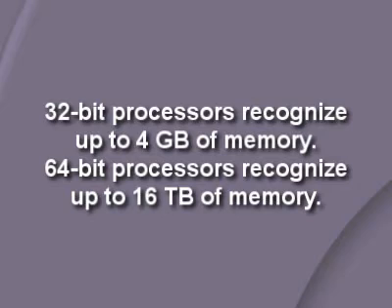But 64-bit operating systems and 64-bit applications are required to take full advantage of their 64-bit architecture. 32-bit CPUs can recognize a maximum of 4 gigabytes of memory, while a 64-bit CPU will recognize up to 16 terabytes of memory.